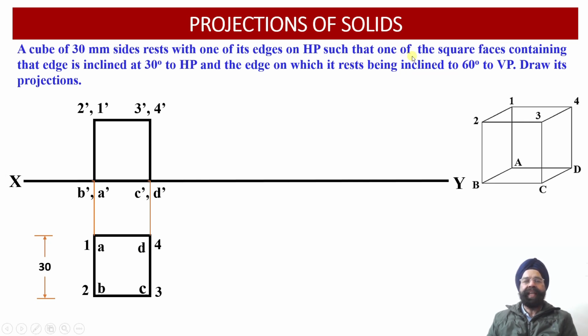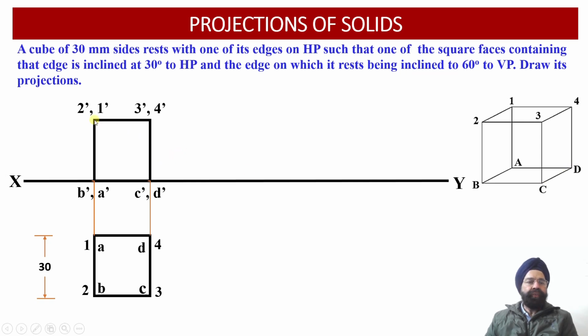Now we know that this cube is tilted in such a way that one of the square faces, that is A, B, C, D, is the square face containing this edge CD onto which this cube is resting on the ground over here.